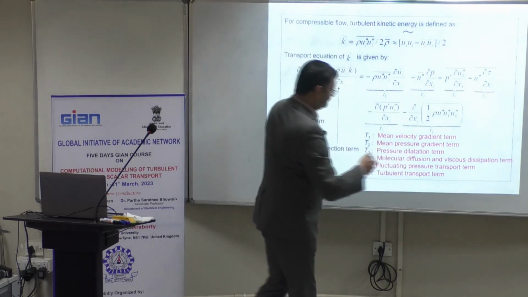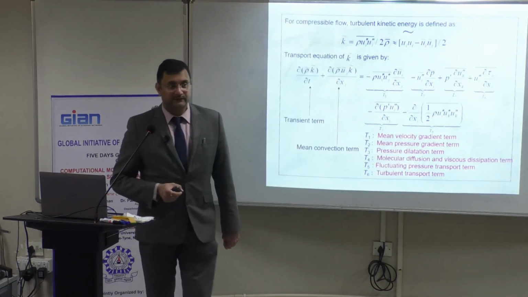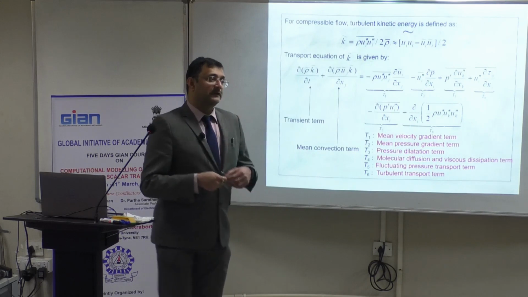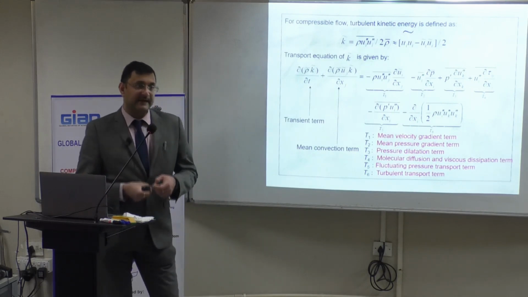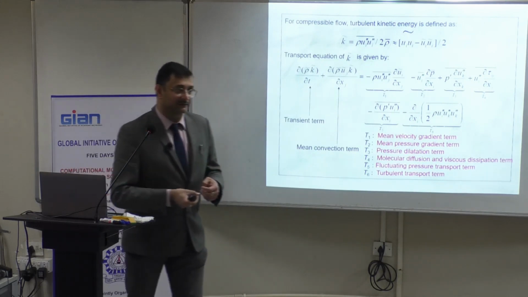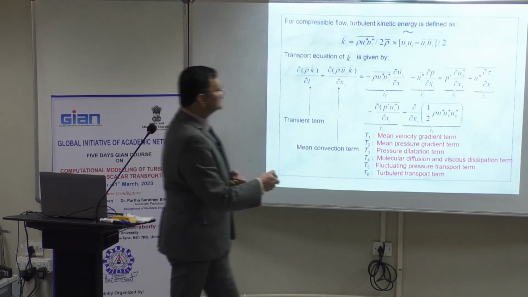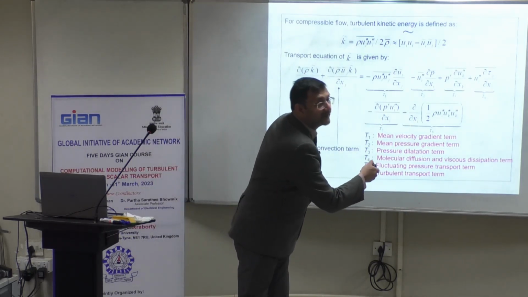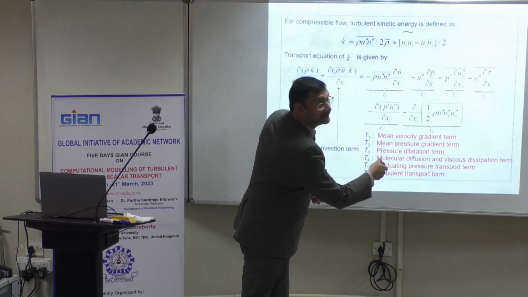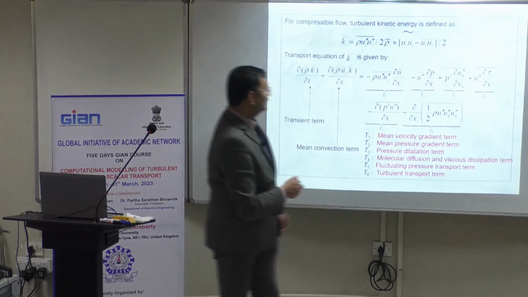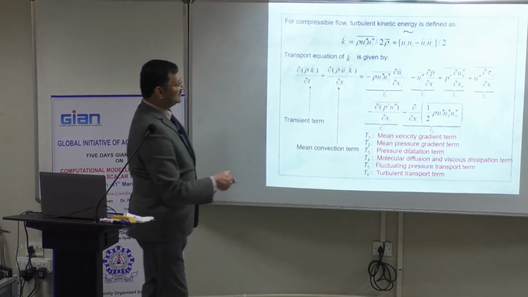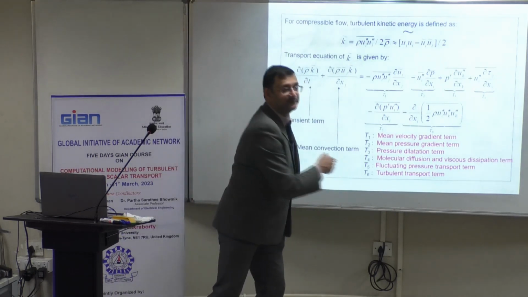This part involves both molecular diffusion of kinetic energy as well as molecular dissipation of kinetic energy. So the dissipation rate term actually is hidden here. This part is the pressure transport term, this is the viscous transport term.